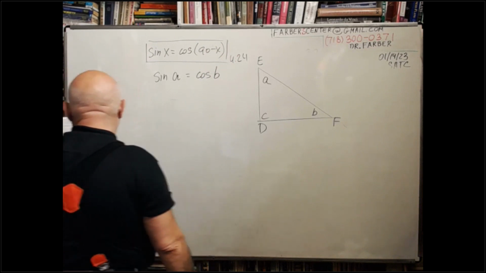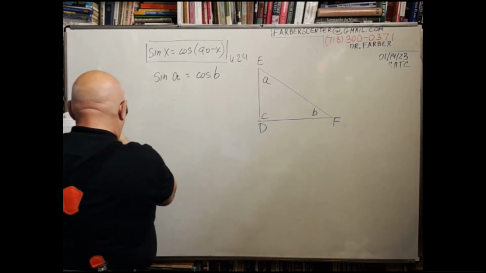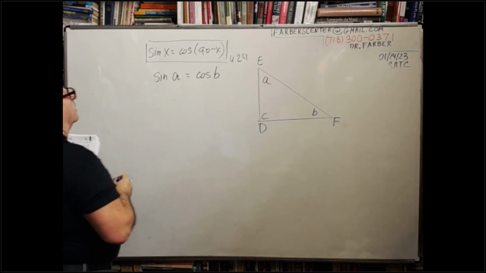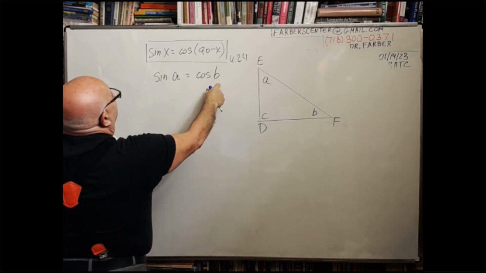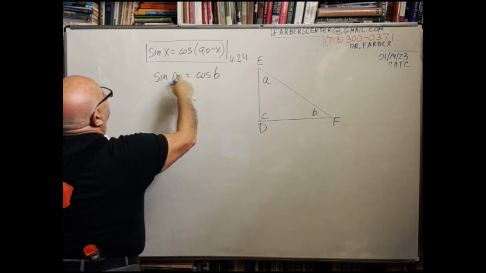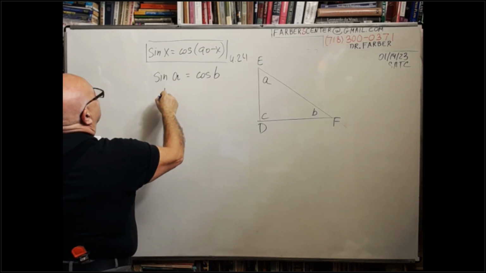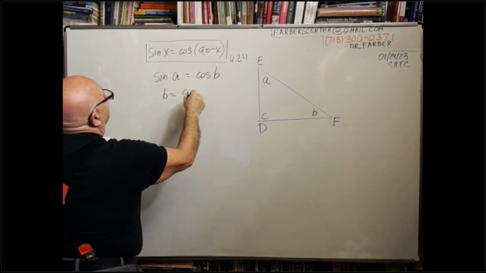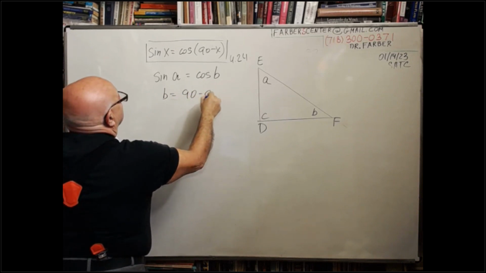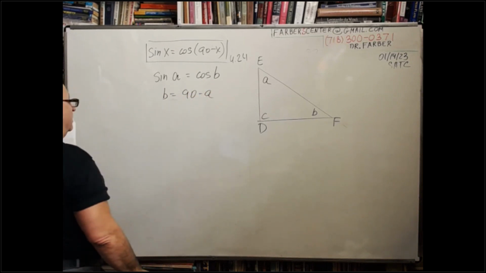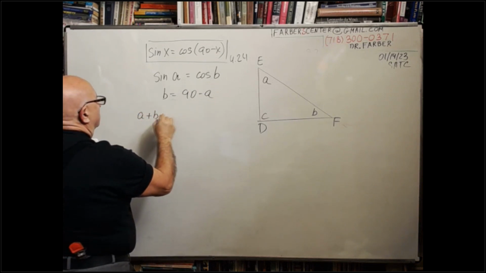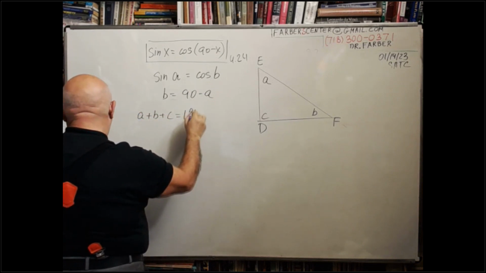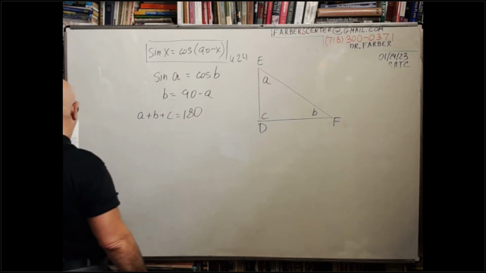So from here, you can see that B equals 90 minus A. In addition, all three angles together must equal 180 degrees because they are inner angles.